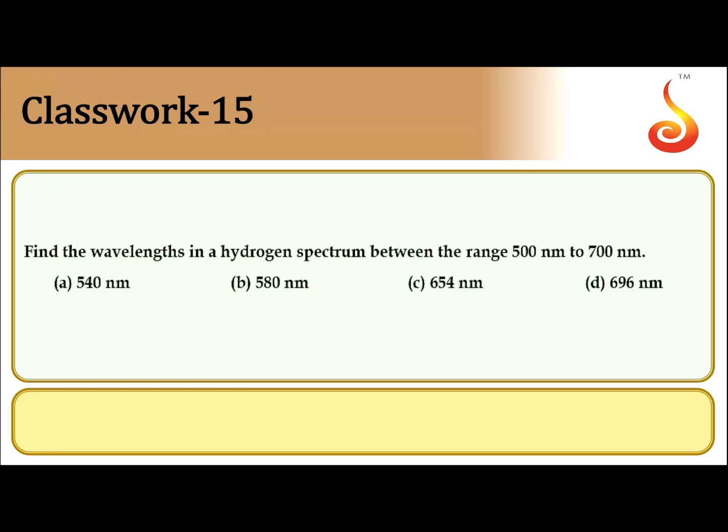Example 15. Find the wavelengths in a hydrogen spectrum between the range 500 nanometer to 700 nanometer.